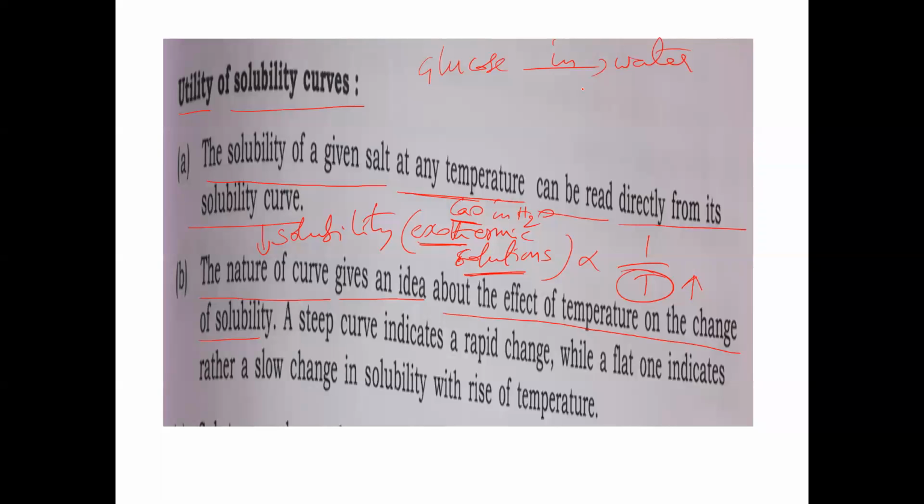Also, if you take endothermic dissolution, for example dissolving glucose in water, the glucose solution is formed by absorption of heat energy. That's why the glucose solution will be cool to touch when you touch the outer surface of the vessel.